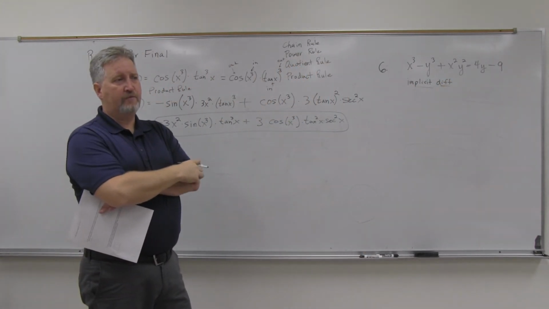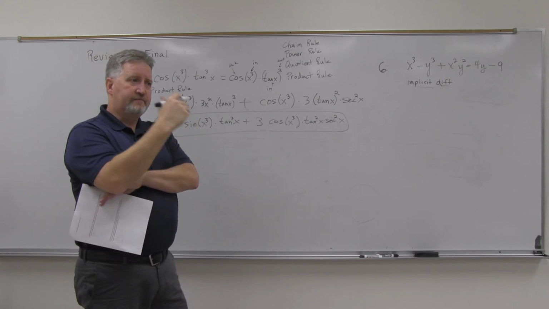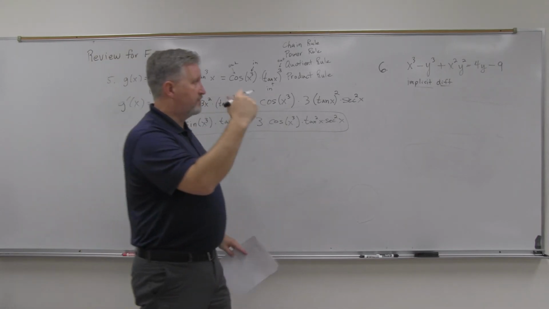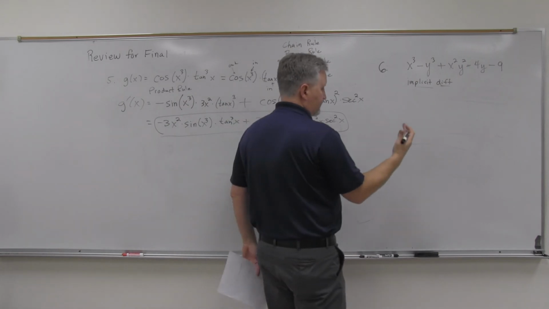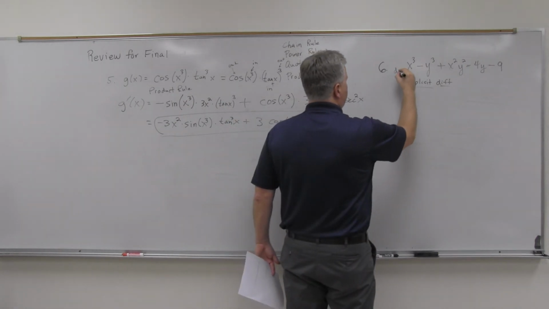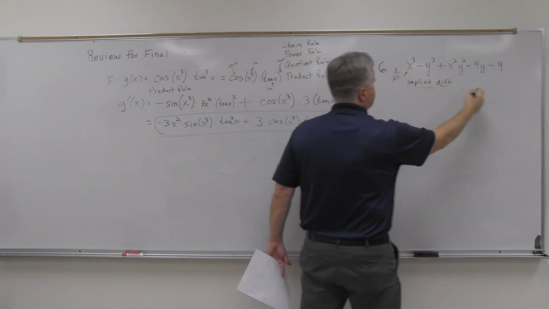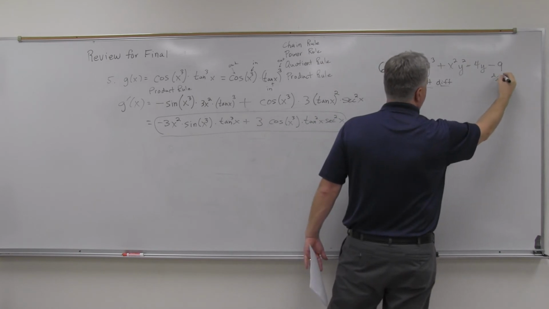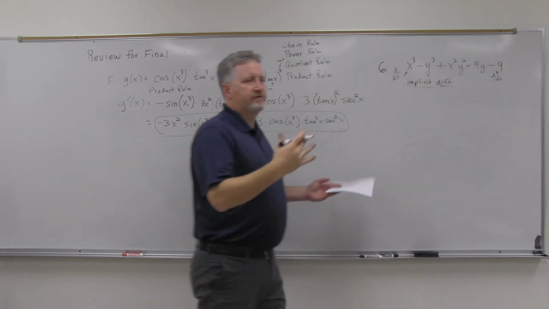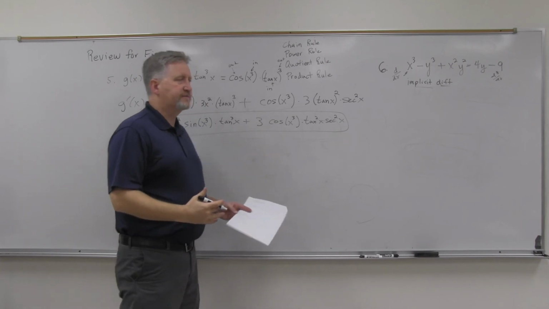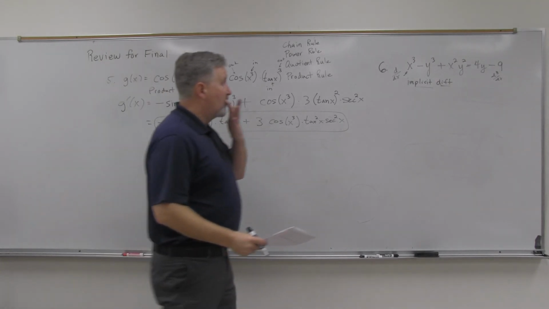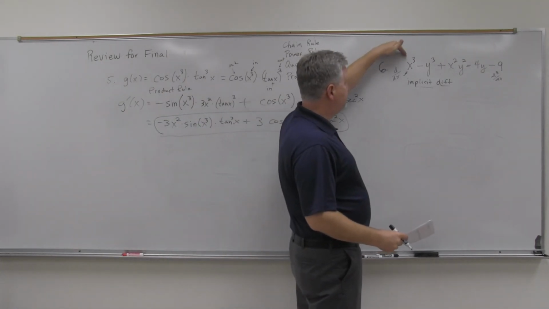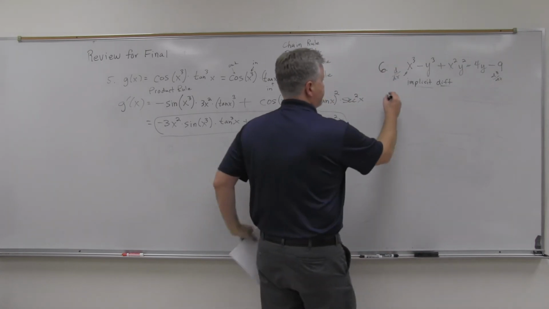And the way we did that was you take the derivative with respect to x of both sides, call it d dx of both sides. So I'm going to d dx this side and d dx this side, just meaning take the derivative with respect to x of both sides. Now, when I take the derivative with respect to x of x cubed, that gives me 3x squared.